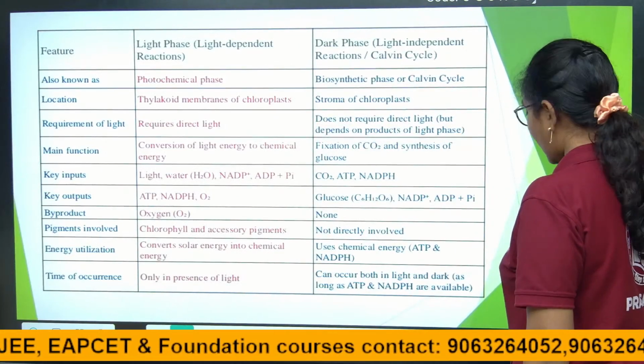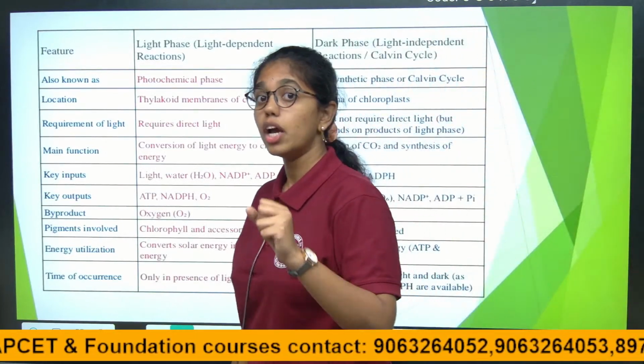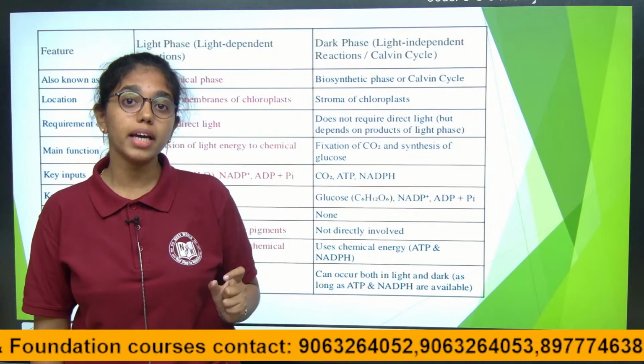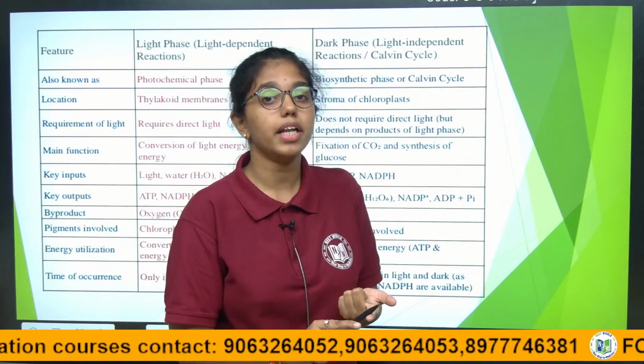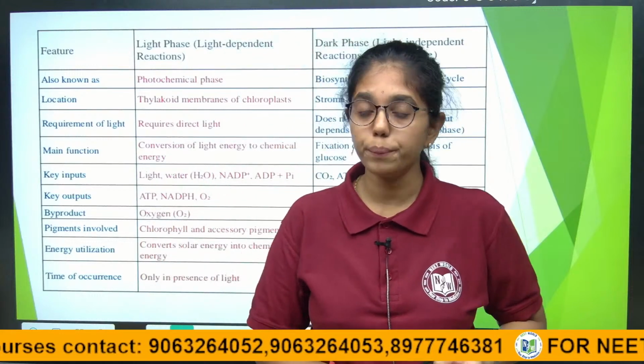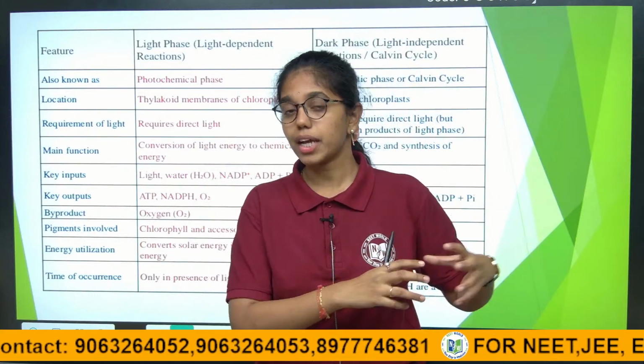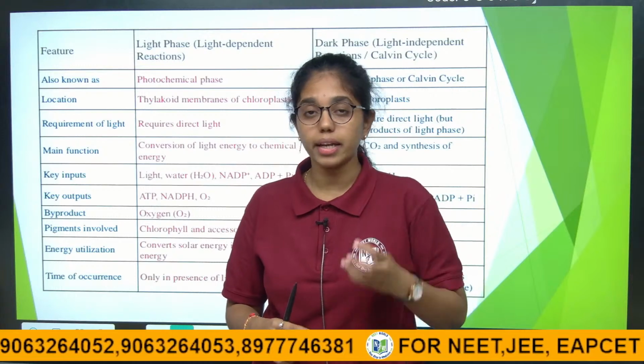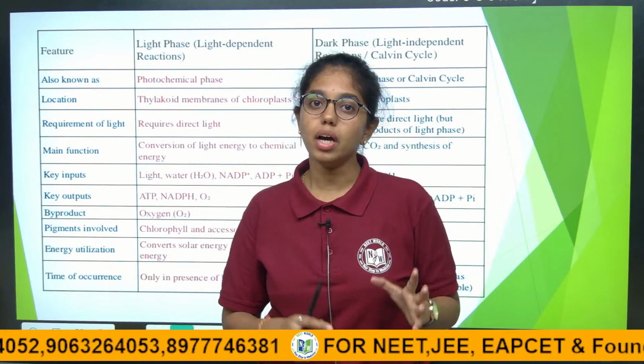In our coming class, we will discuss more clearly the photosynthetic reactions, how carbon dioxide is used, how glucose is formed, and who discovered that. Everything we are going to discuss in the next class.